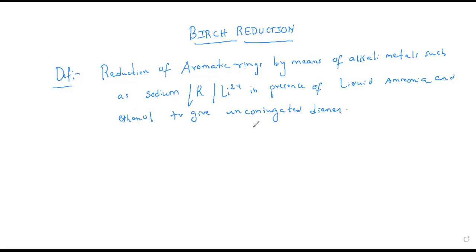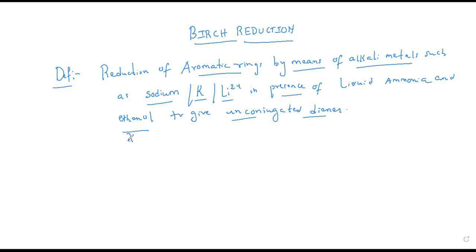Okay. So in a simple way, Birch reduction is reduction of aromatic rings by means of alkali metals such as sodium, potassium, lithium in the presence of liquid ammonia and ethanol to give unconjugated dienes.